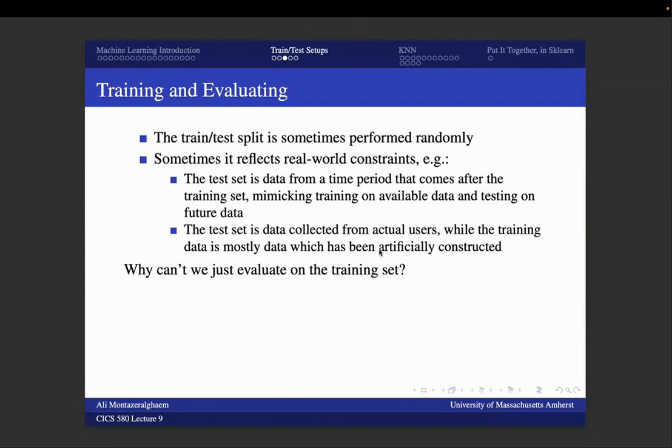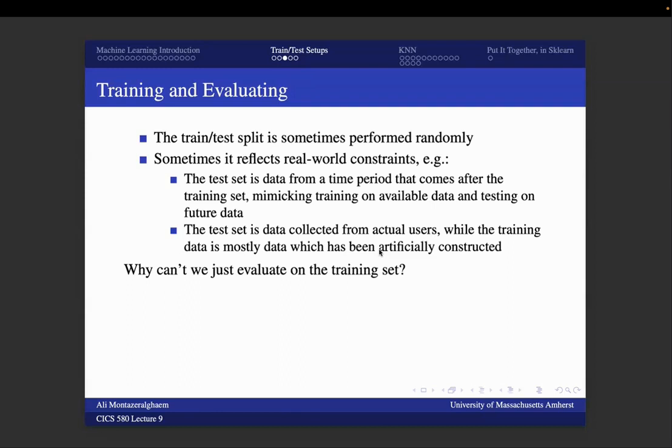As I mentioned, the splitting of training and test from labeled data can be performed randomly. The test data can be from the labeled data, or you can get the test data from a time period that comes after the training set.